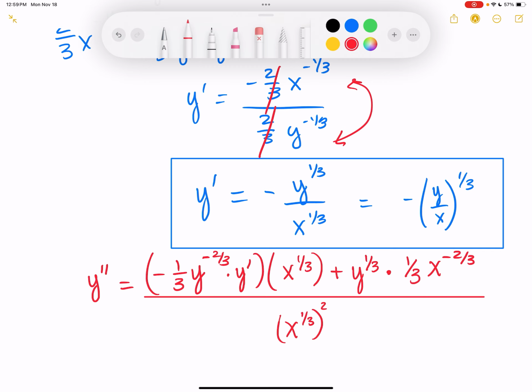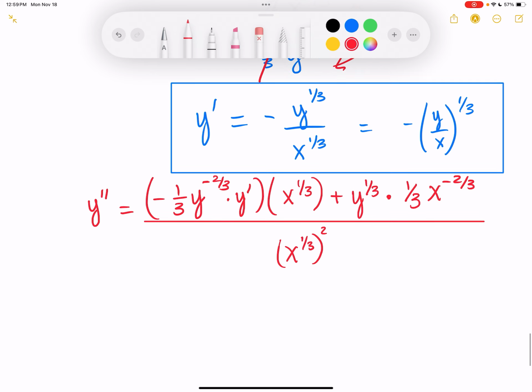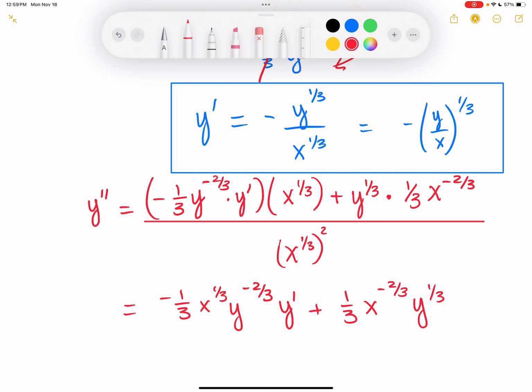So let's do -1/3 x to the 1/3 y to the -2/3 y prime plus 1/3 x to the -2/3 y to the 1/3 over x to the 2/3.